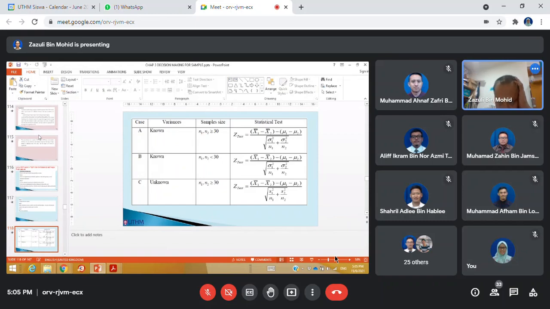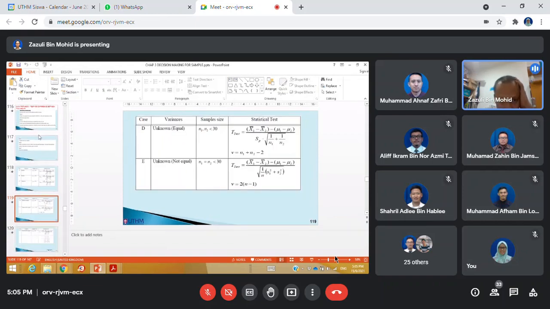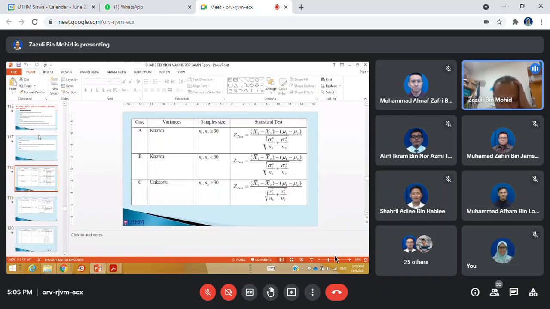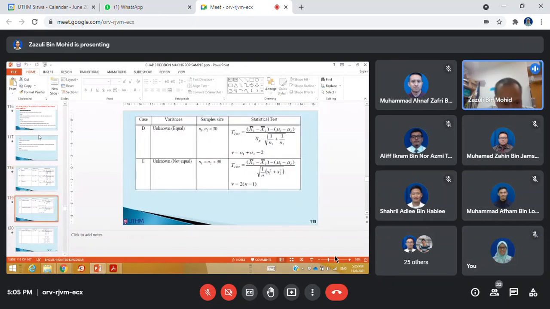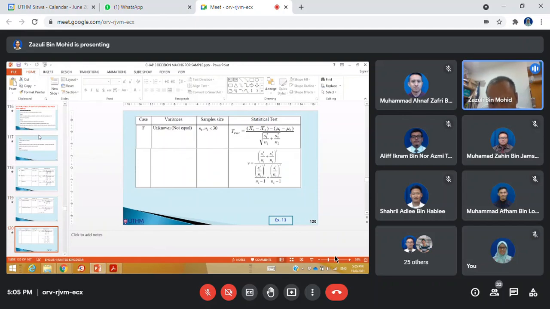Then there is a table here whereby you have to decide which formula you must use. Okay.